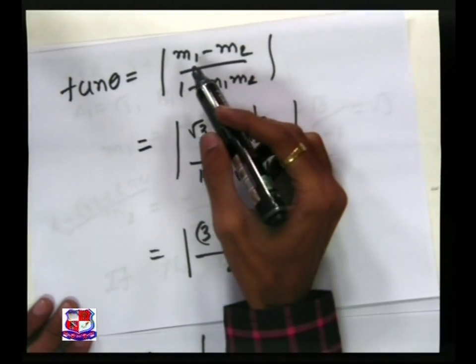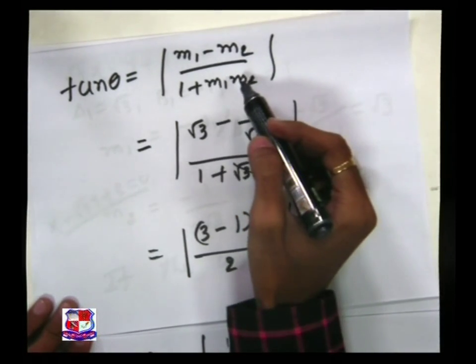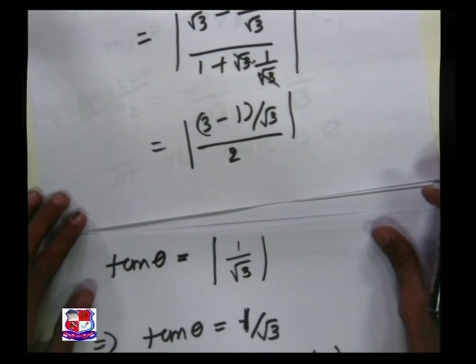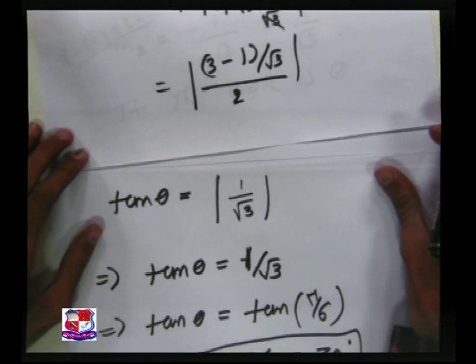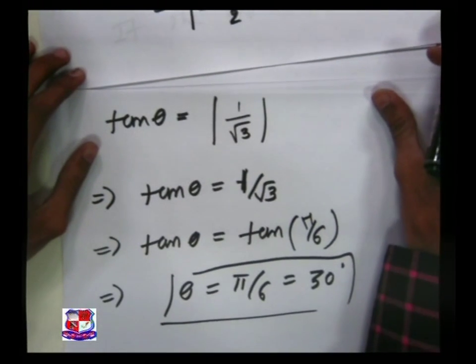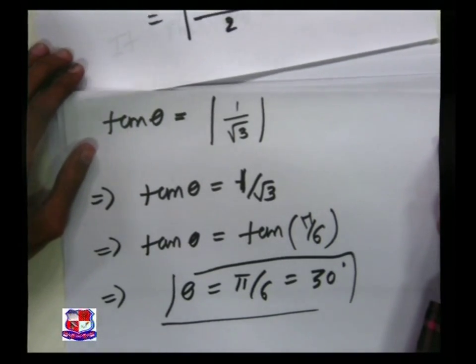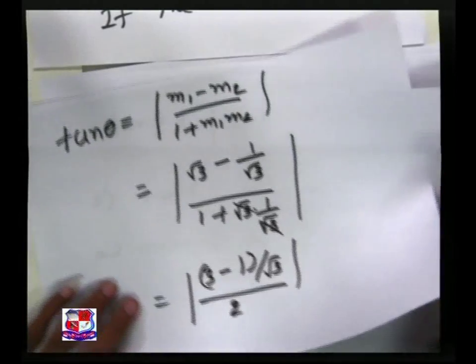Then using the formula (m1 − m2)/(1 + m1·m2), simplifying, and using the values of trigonometric angles, we can find the angle between the lines. Theta = π/6 = 30 degrees. In this way we can find the angle between two lines.